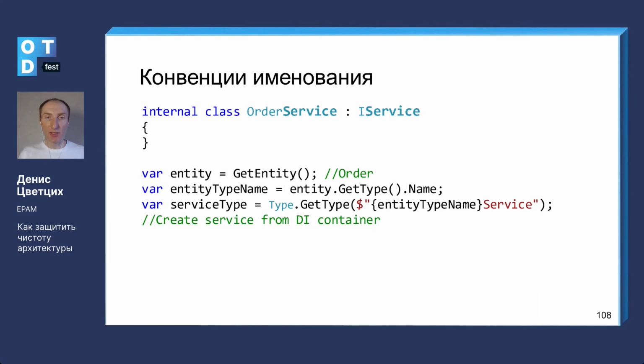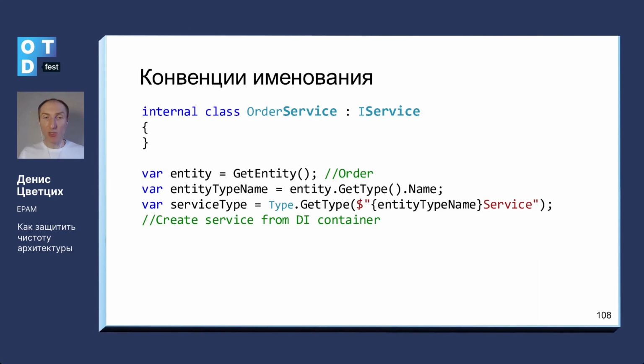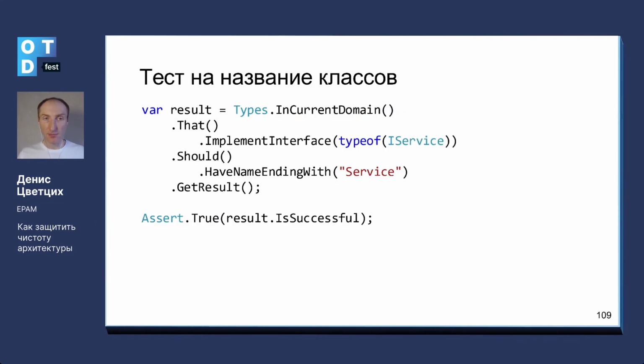We can also check naming conventions, so we can have an IService interface and its implementation. In such a case, our class name is the same as the interface. This is good to have, not just for consistency, but also for addressing practical issues. We can use this convention to get an entity order name, and use it to build a service type, and then create its instance through reflection or derive it from a DI container.